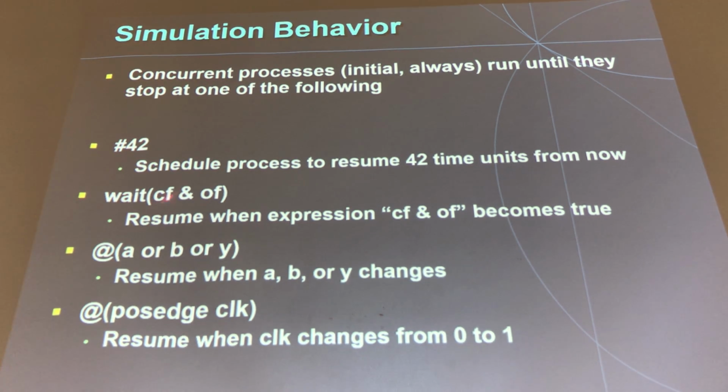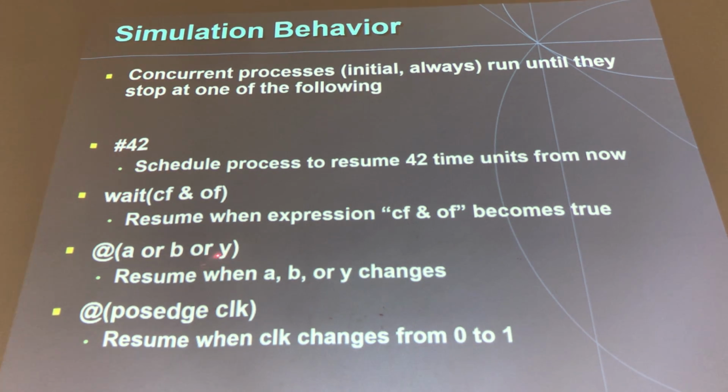Wait until the condition is true. Resume when the equation, CF and OF, become true. Both are one, then it becomes true. Then you continue. Otherwise, you hang in there, suspend right there. At A or B or Y: resume when A or B or Y changes.